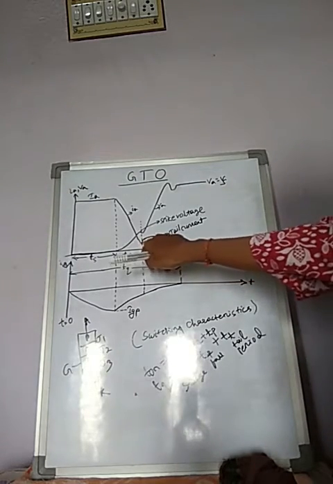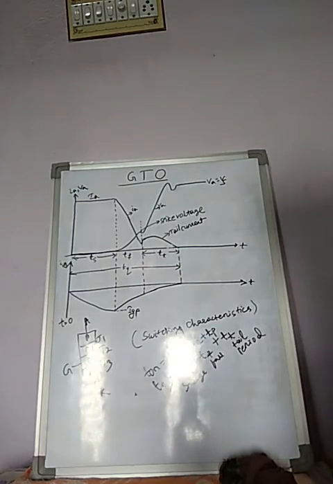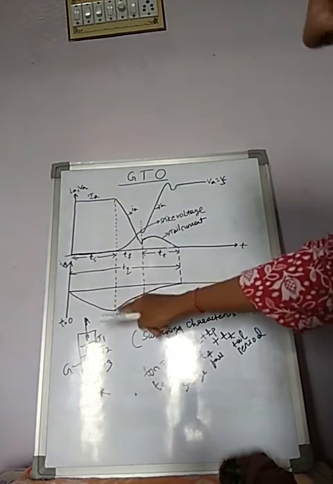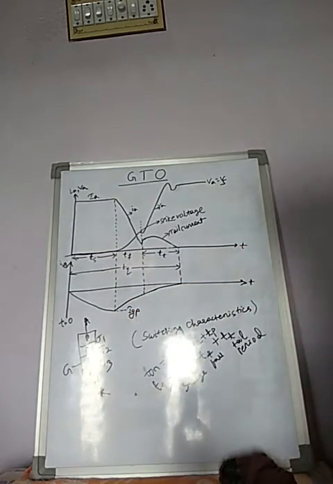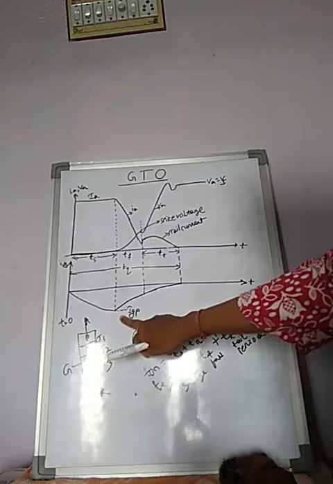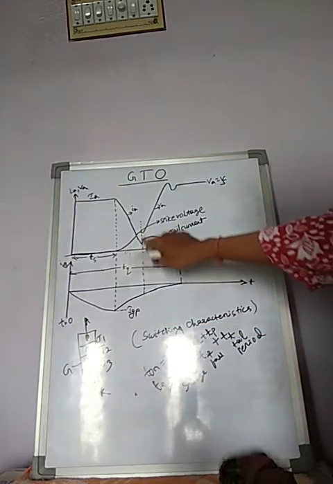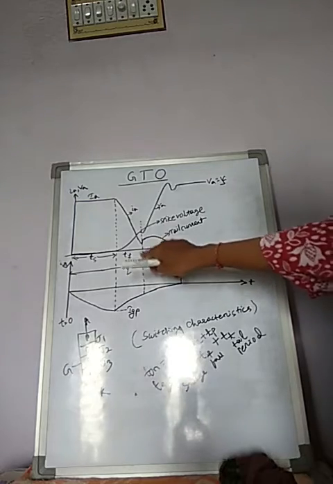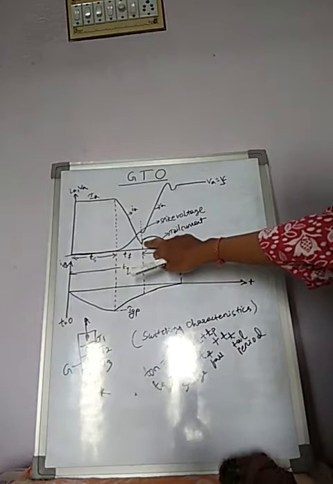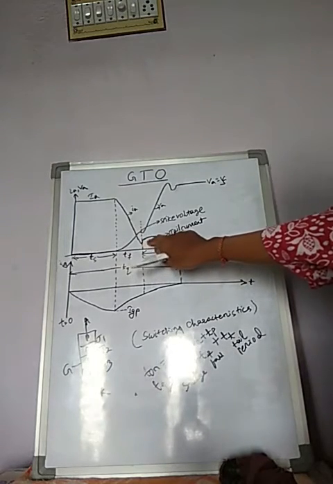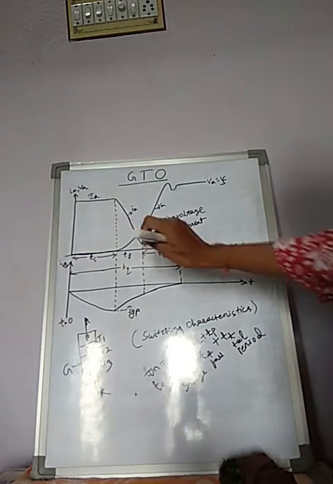This point, where the rate of fall changes, is the tail current level.